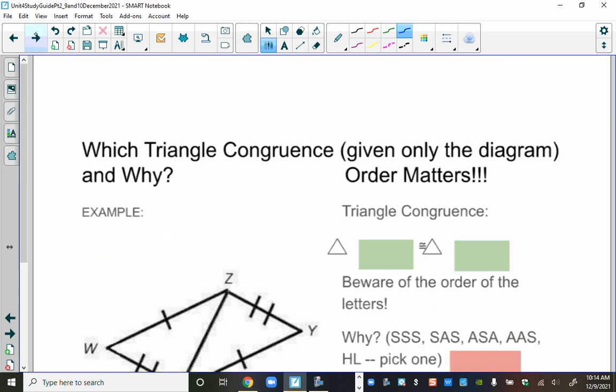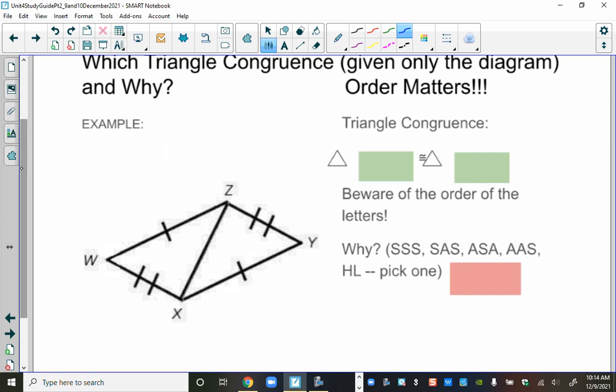Okay. Now this one again we know is, since we have the shared side, obviously this is what type of, which one of these do we have again? Side. Yeah, it's all sides. We have side, side.